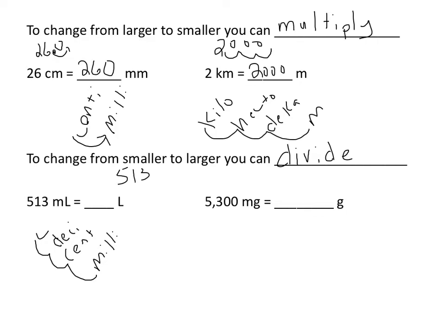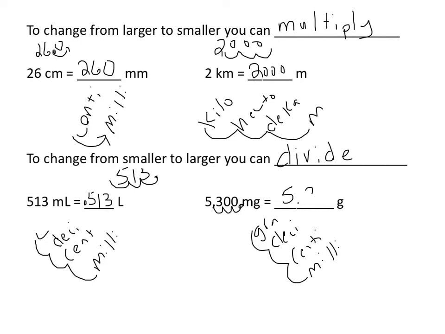So with 513, the decimal point's right here, 1, 2, 3 to the left, this becomes 0.513, or 513 thousandths of a liter. Same thing here. If we have milligrams, centigrams, deci, and then grams, we're starting with milli, we're going 1, 2, 3 again. Here's our decimal point, 1, 2, 3. This is actually the same as 5 3/10 of a gram.